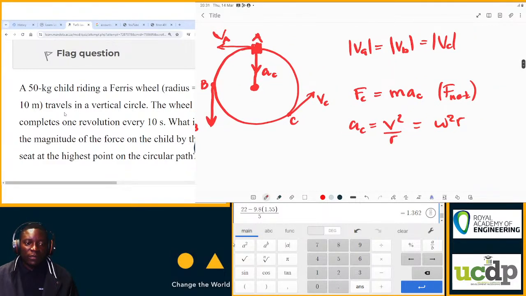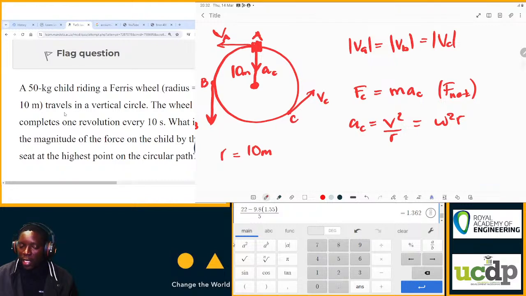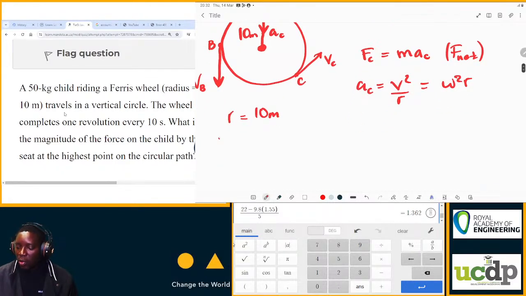The question says a 50 kg child is riding a Ferris wheel of radius 10 meters, traveling in a vertical circle similar to the one I've drawn. The wheel completes one revolution every 10 seconds. So 1 rev per 10 seconds means we have 0.1 revolutions per second.